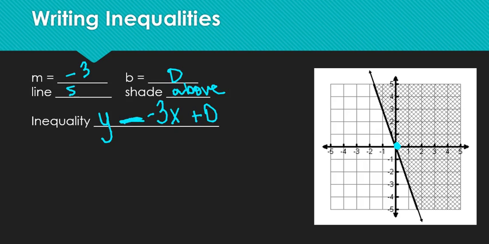My y values are above my graph, so y is greater than. Okay? And it's okay if you didn't write the plus 0. So either one of those inequalities would work for this particular inequality.